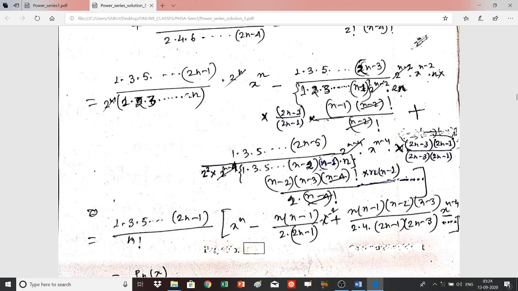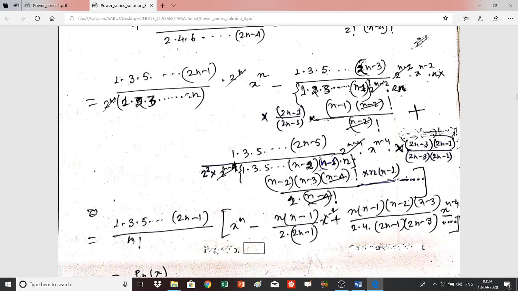Then what are the residual parts? The residual terms are n into n minus 1 written first, and then n you cancel out from this term and this term. So the rest are n minus 2 into n minus 3. So you write here n minus 2 into n minus 3, and 2 squared is left here, and 2 is also left here.